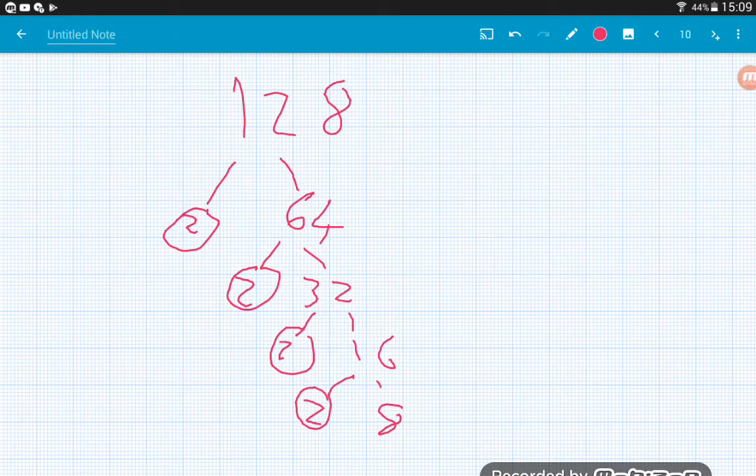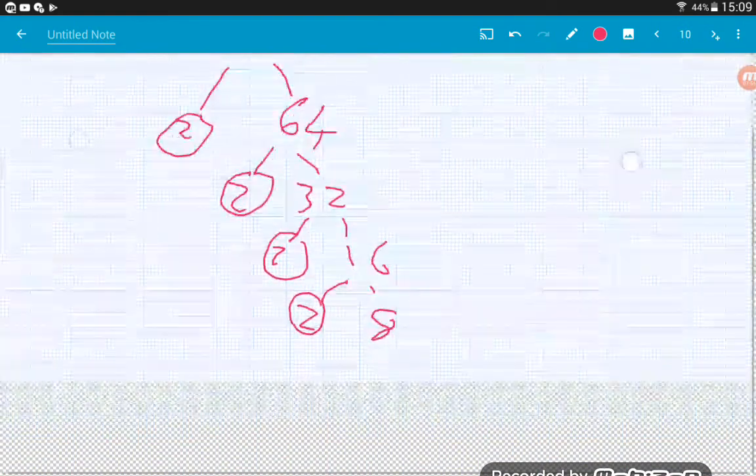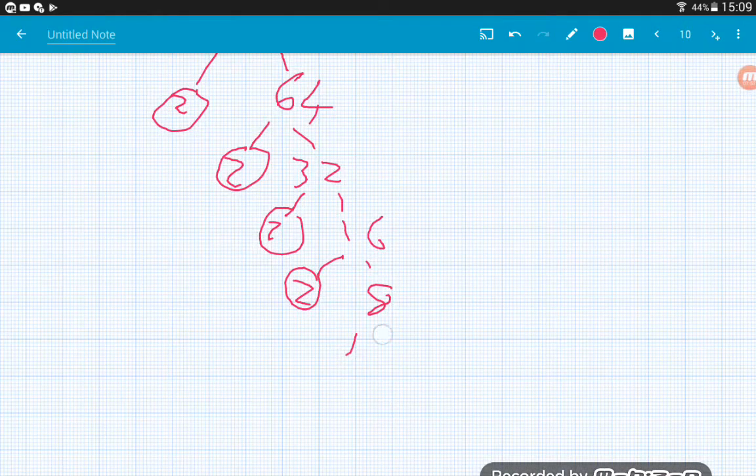Now 8 we can say is 2 lots of 4. And then finally 4 we can say is 2 lots of 2.